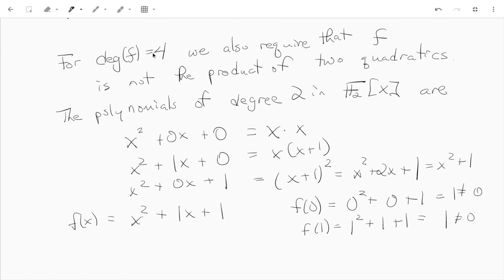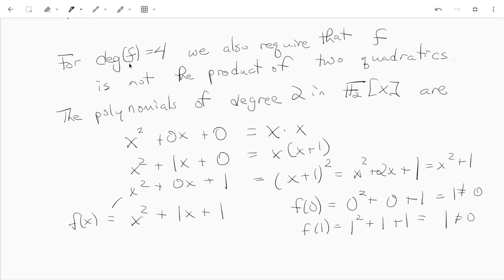And now we want to find a degree 4 polynomial that has no roots. That means it has no linear factors, and also it's not divisible by this polynomial. If our polynomial has no roots and it's not divisible by this polynomial, then it will be irreducible, because that's the only way that a polynomial of degree 4 could factor.